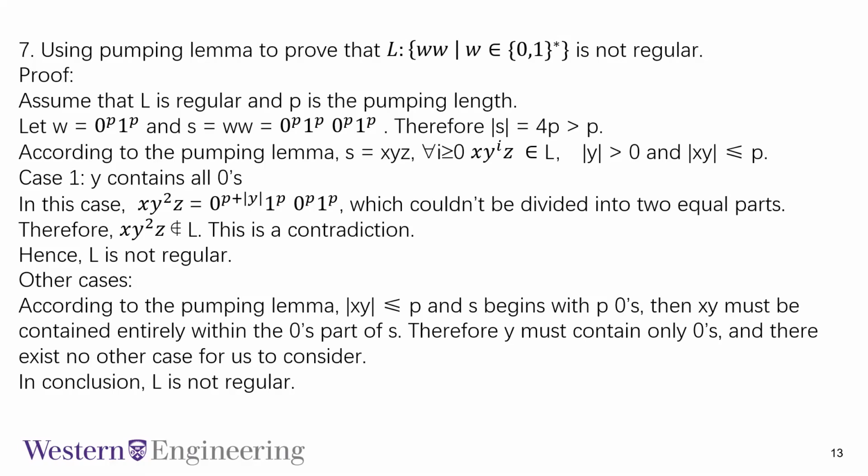We can see that this part of the proof process is very similar to that used in the last question, and here we also only have one case, that Y contains all zeros. The contradiction is found, and in conclusion, L is not regular.